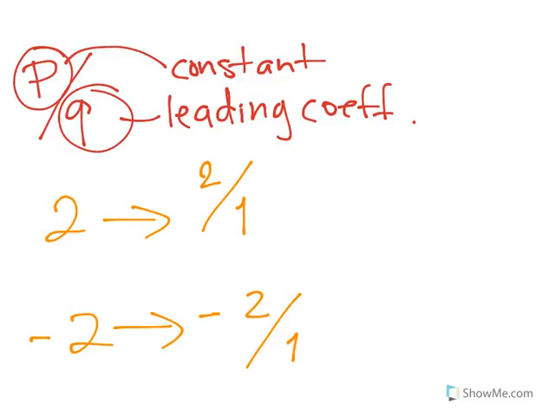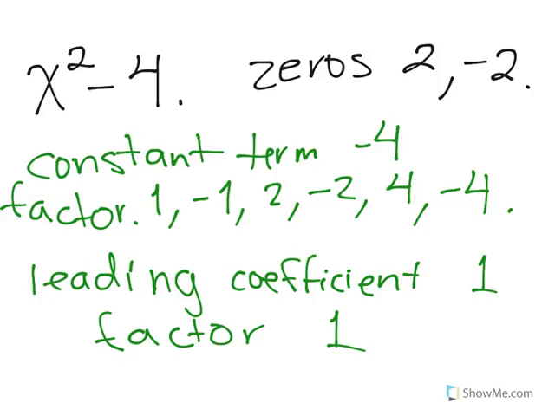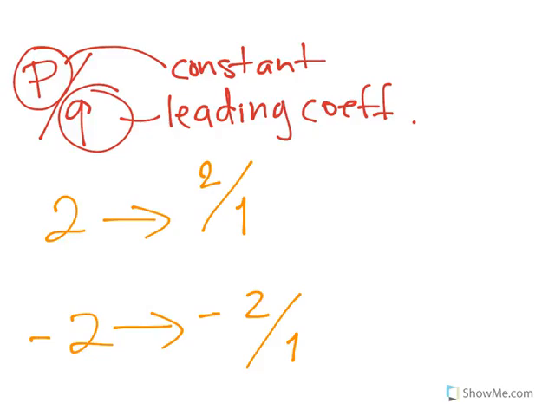So by having this, we see that 2 is actually in our list of the factors of the constant term, right here, and 1 is the only factor of the leading coefficient. So this is a rational zero.